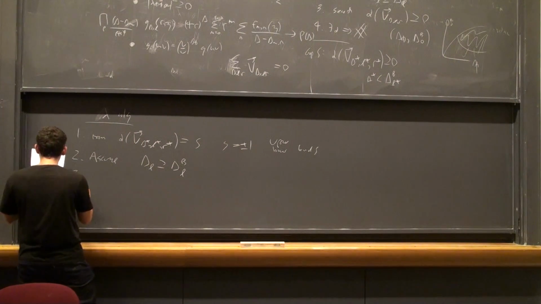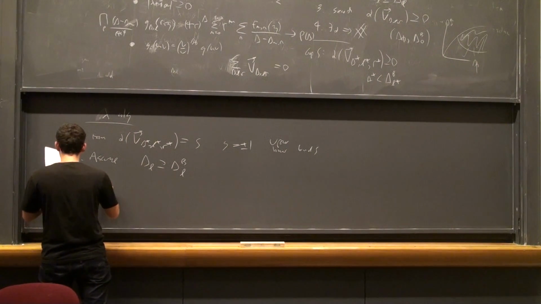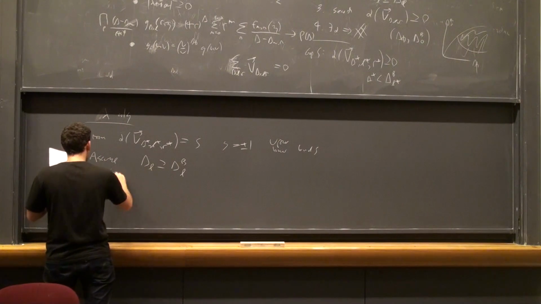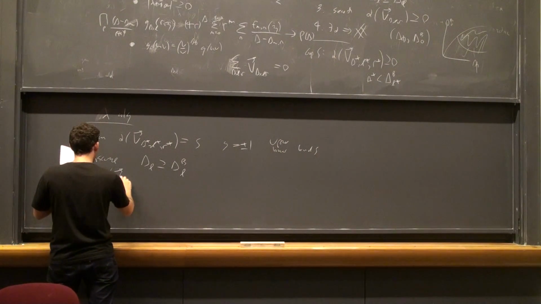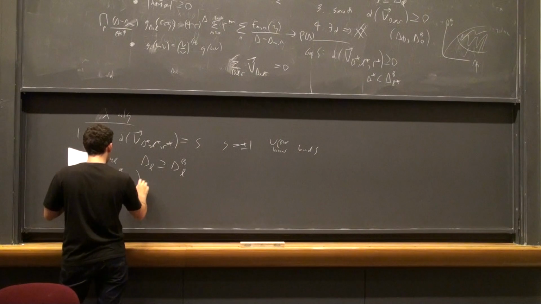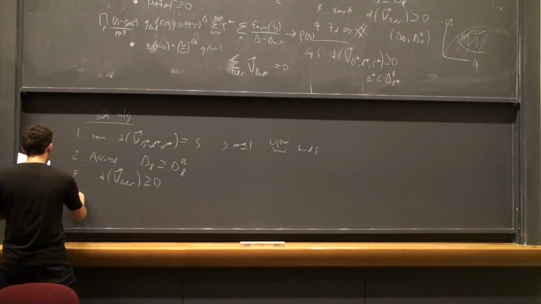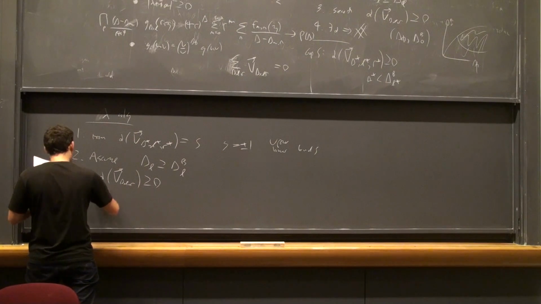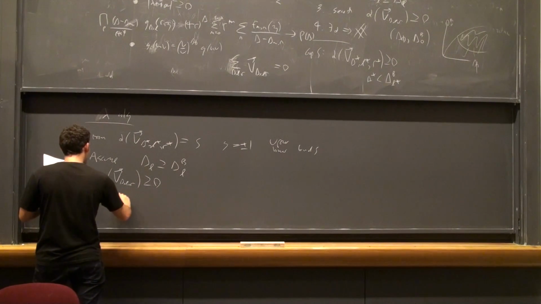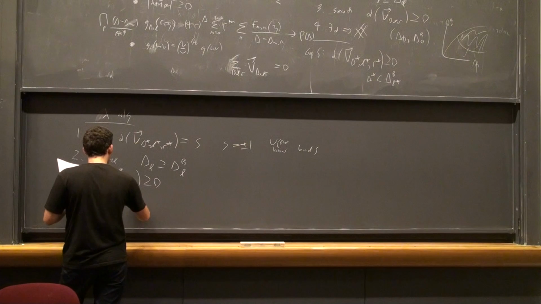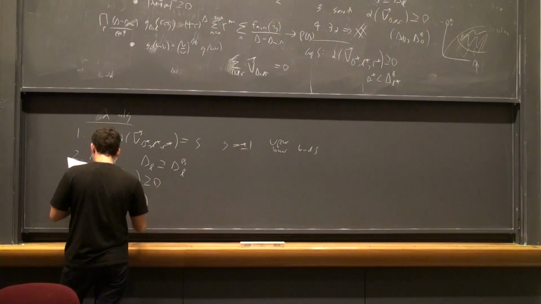And then step 3 is you now say that alpha acting on all these other v's, similar to before, is greater than or equal to 0, as long as they satisfy number 2. And then finally, in the last step, you maximize alpha acting on the identity v, for the identity operator.